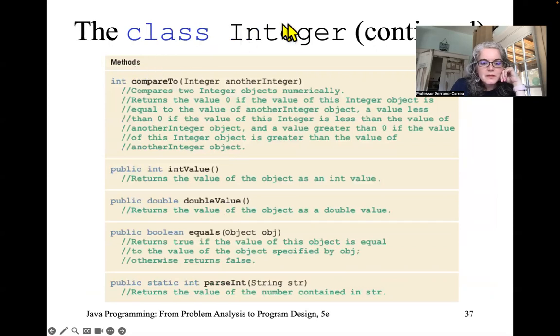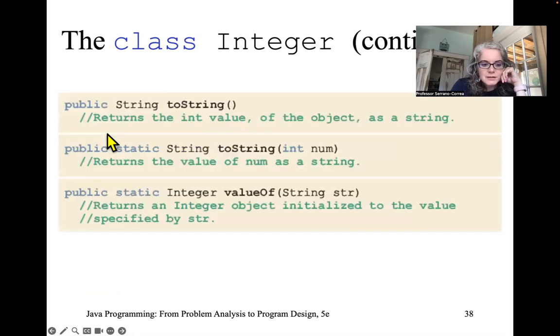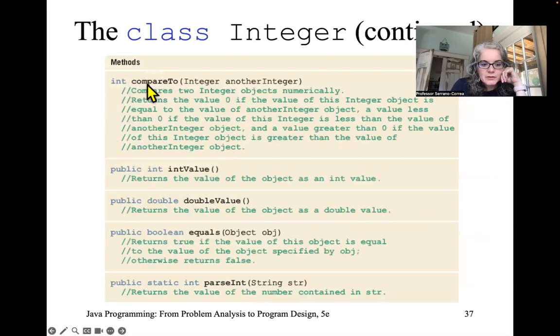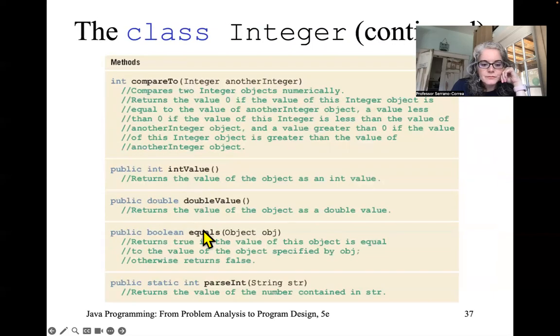These are the methods that you can use with integers. Once you actually create your object, here's the object num. Now you can say num dot compareTo, num dot intValue, and all these methods can be used.